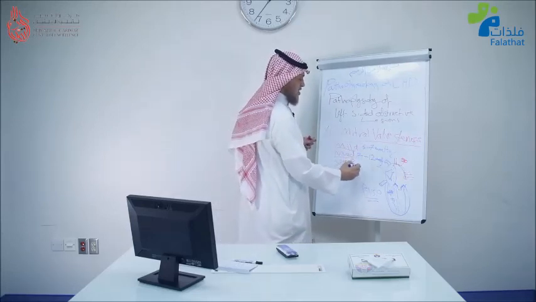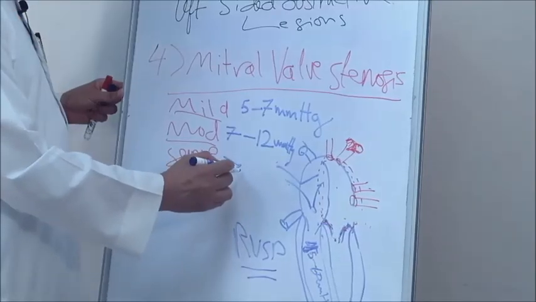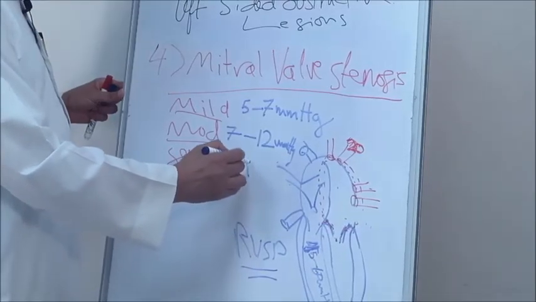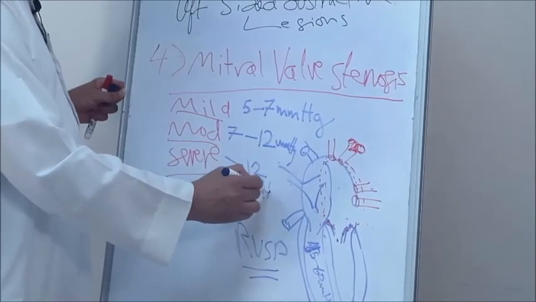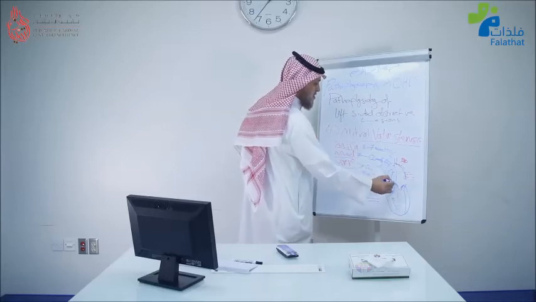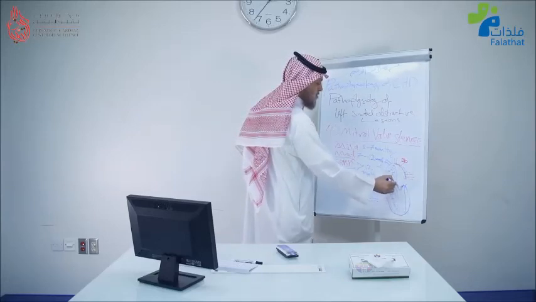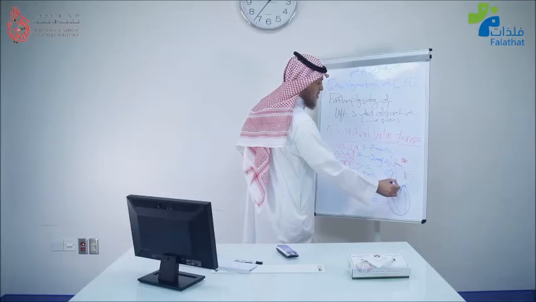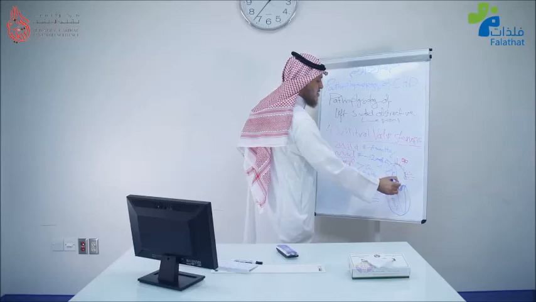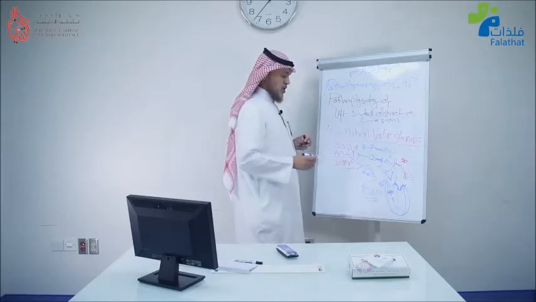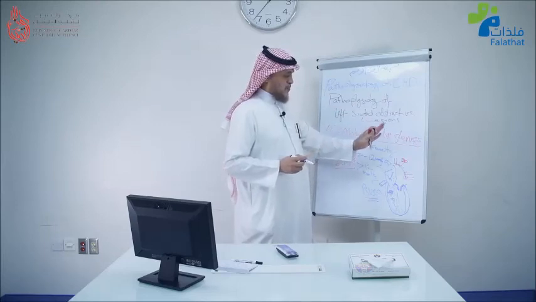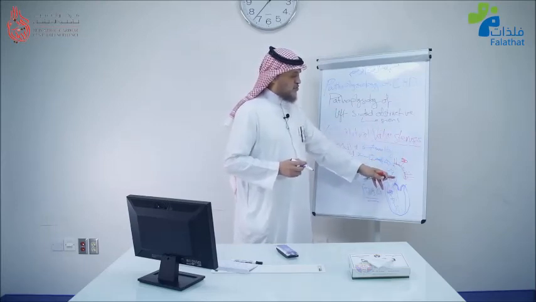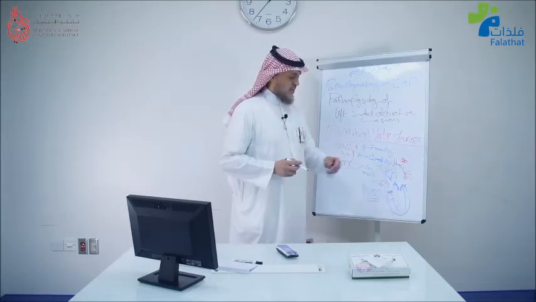So here we expect a mean of above 12 millimeter mercury to call this mitral stenosis quite severe. So when it's quite severe, then there is significant limitation of right-sided cardiac output through the pulmonary veins to the left atrium to reach the left ventricle.